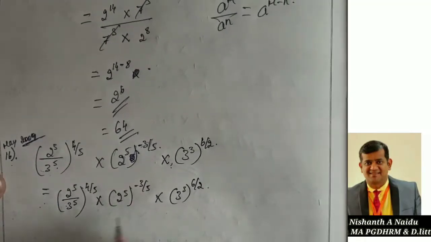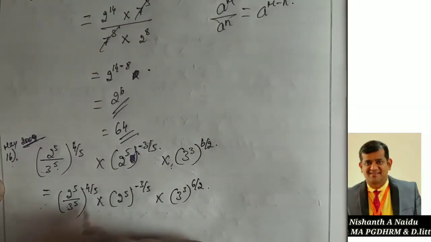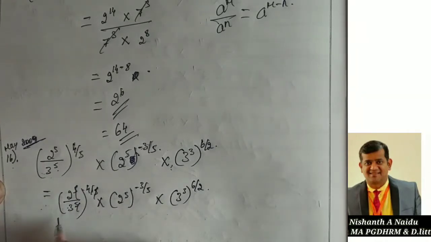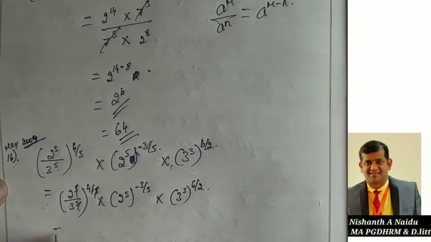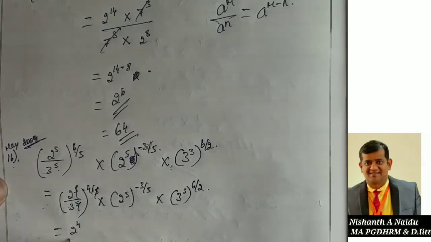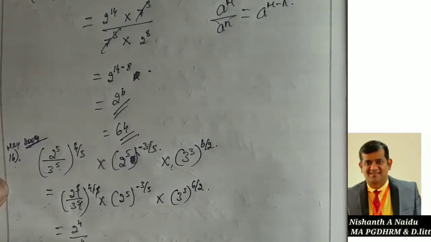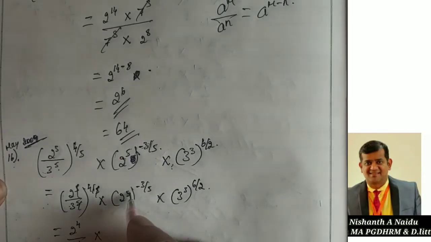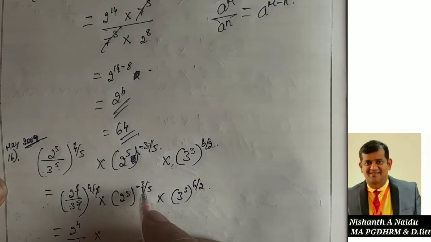Clear? So here 5 is a common factor. So cancel that 5. Clear? So if you cancel that, 2 to the power 4 divided by 3 to the power 4, you are going to get, into 2 to the power 5 minus 3.